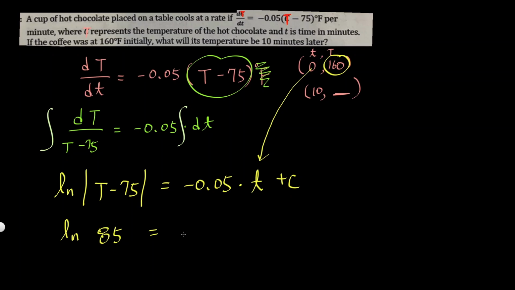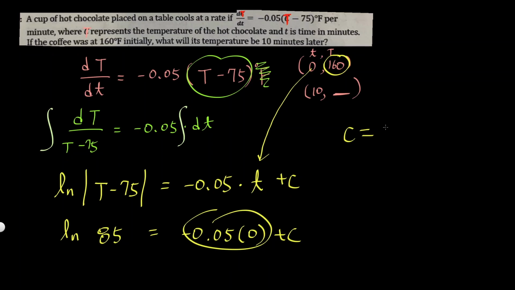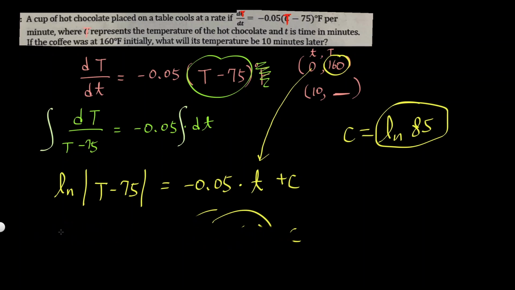That's going to be equal to negative 0.05 times 0, which is 0, plus c. So since this is 0, c will be natural log of 85. So we have c right now. All we need is to plug it into that formula, so instead of c, I'm going to write natural log of 85.